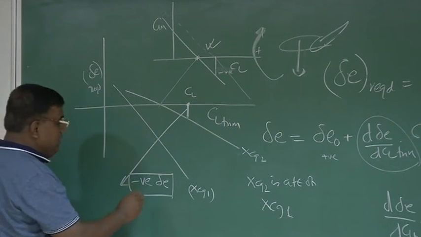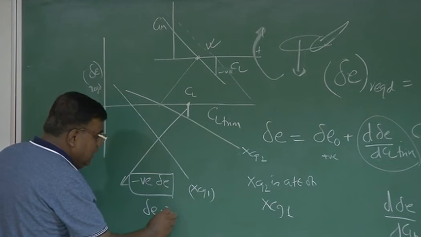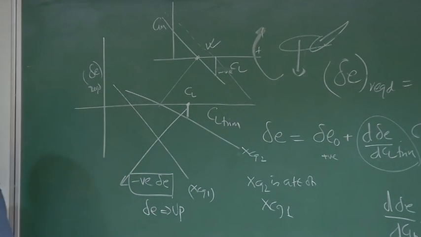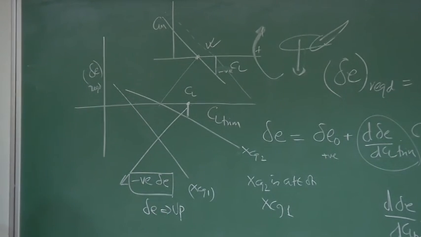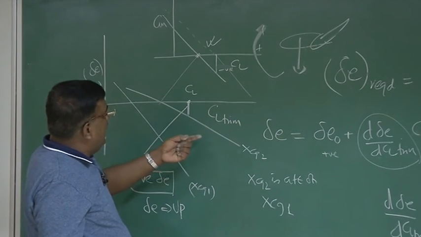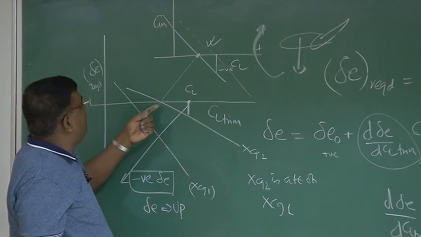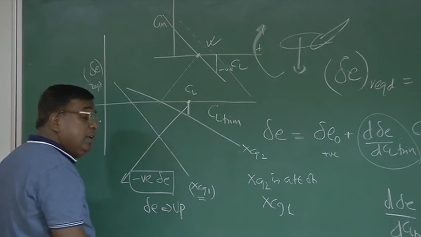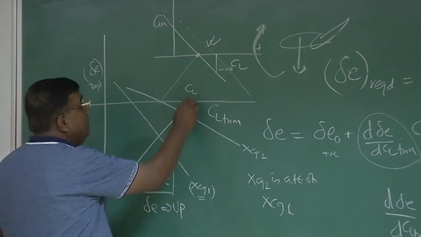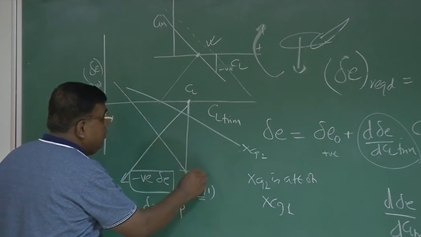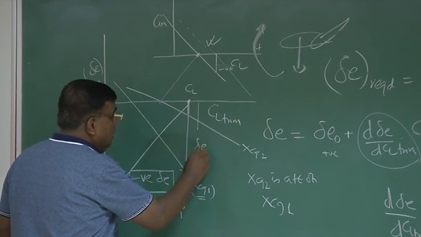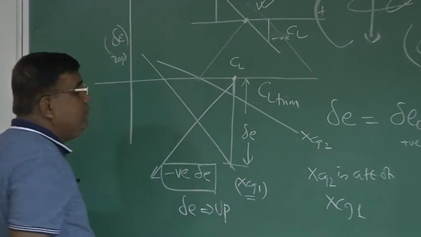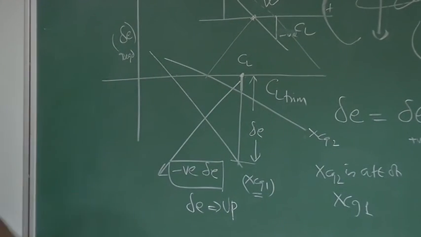Negative delta E by convention is delta E up. Clear? Now see, if I want to change CL from a particular CL to this CL for an aircraft having XCG1, which is very highly statically stable, then so much of delta E up I have to give. This negative means up, right?